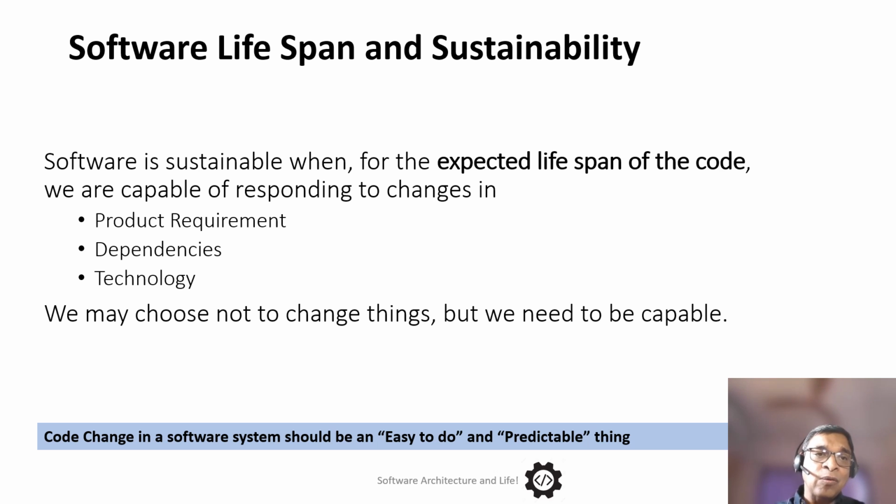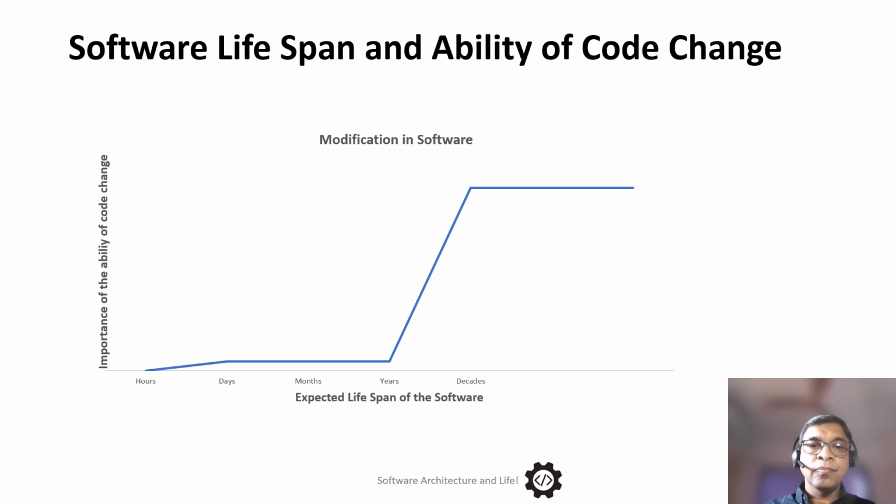So that is about whether your software is capable of responding to changes in different aspects, maybe a product requirement, business requirement, dependencies or technology. That is what makes it sustainable. And as you can see, the more the span of life, the more important it becomes for the code base to have the ability to make changes in the code.